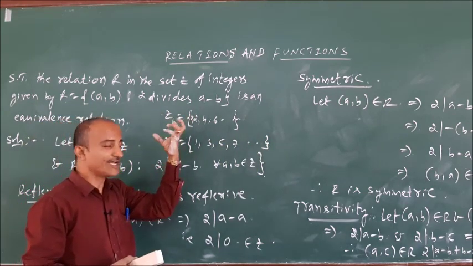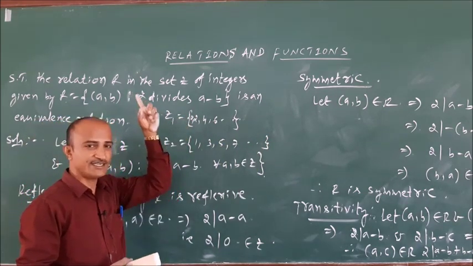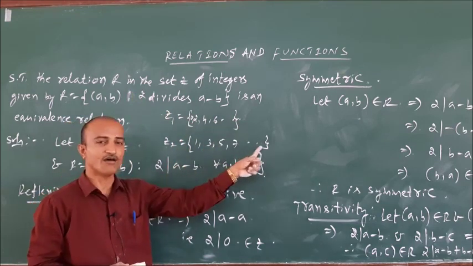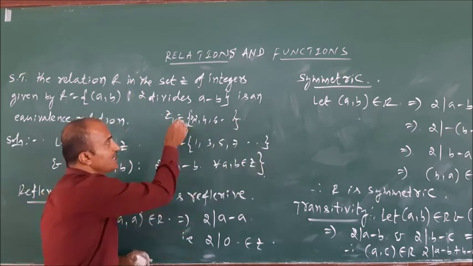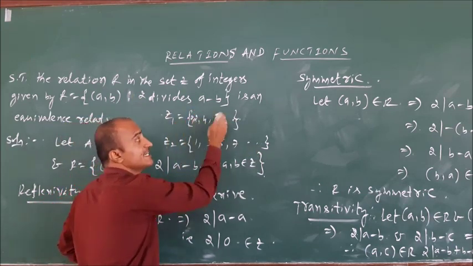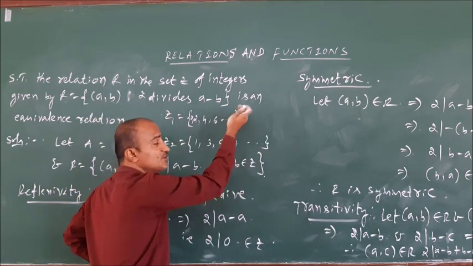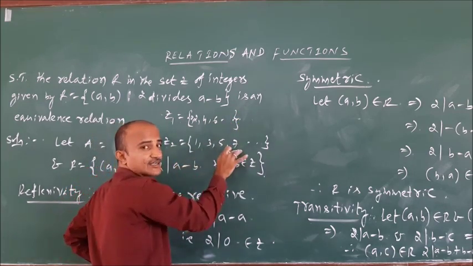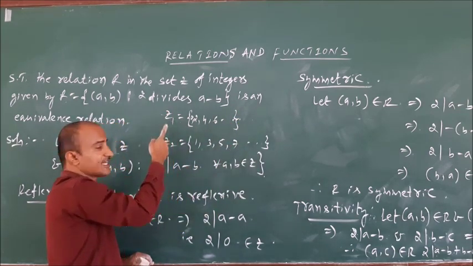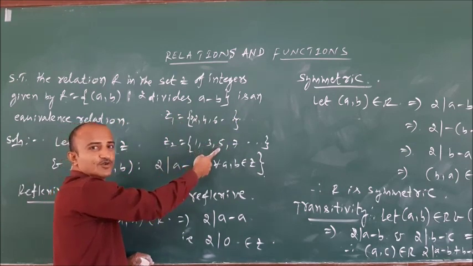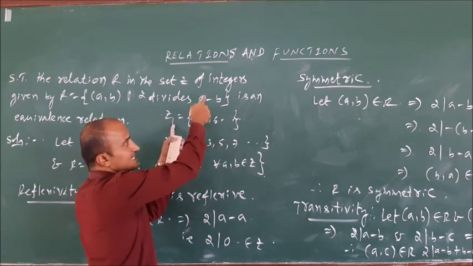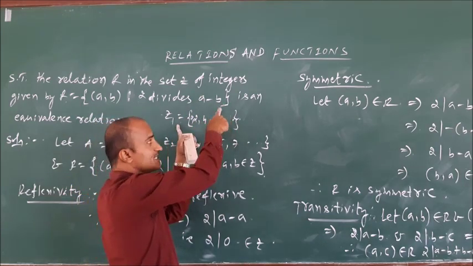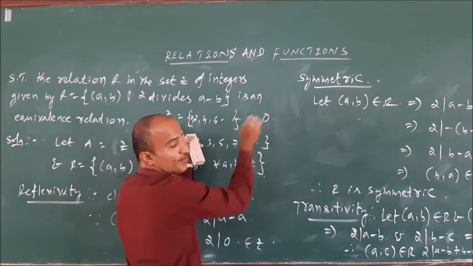The elements of Z1 are related to each other, and the elements of Z2 are related to each other, but no element of Z1 is related to any element of Z2.